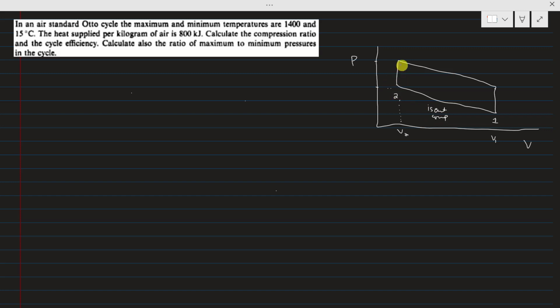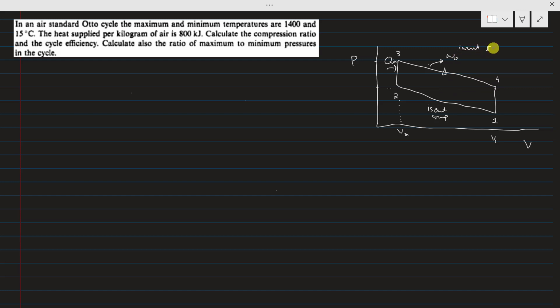Now from 2 to 3 there is a heat addition process, that is Qn. And 3 to 4 is the expansion process, which provides the work output. 3 to 4 is also an isentropic expansion process.